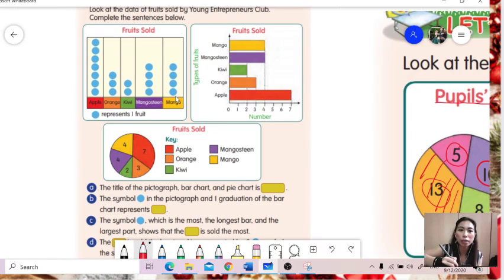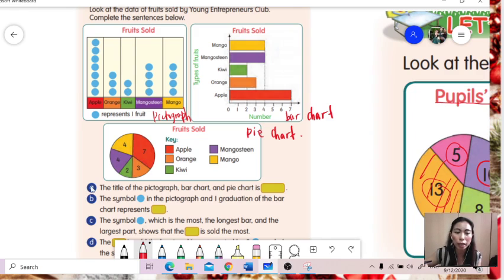One is represented by the pictograph, one is the bar chart, and one is the pie chart. So all are representations of the same information, just in different ways.